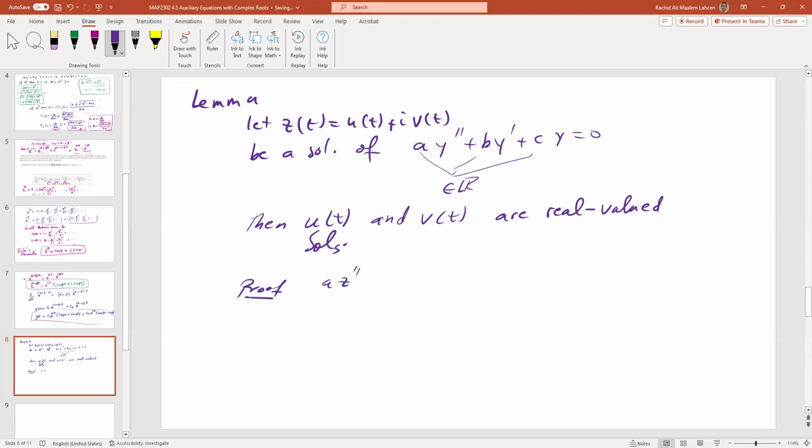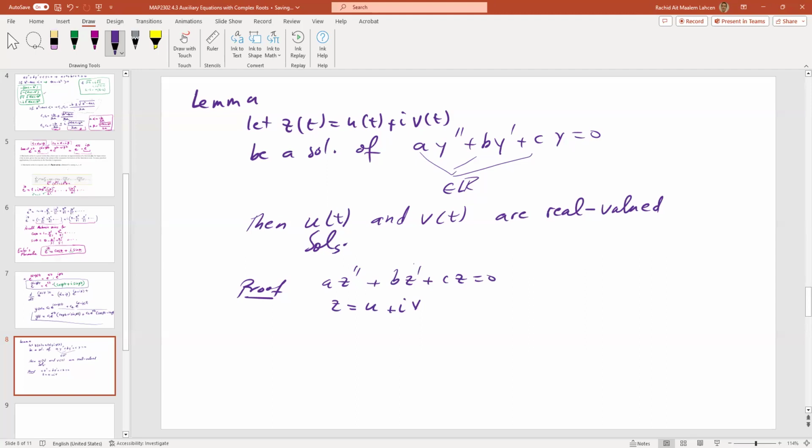So if we have this, and z is u plus iv here, are we going to get something that will show that u is a solution and v is a solution?